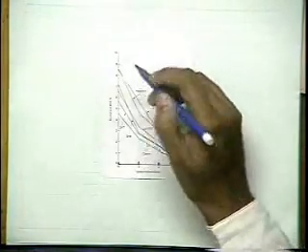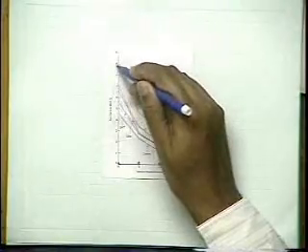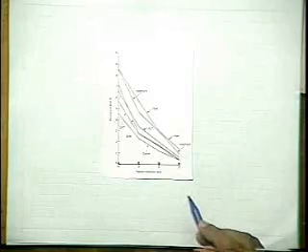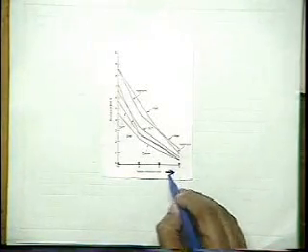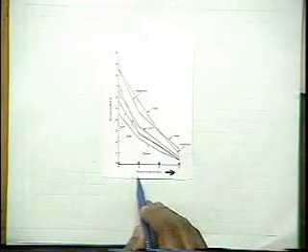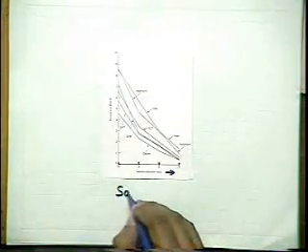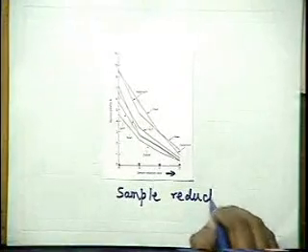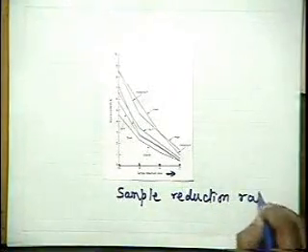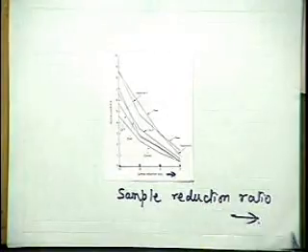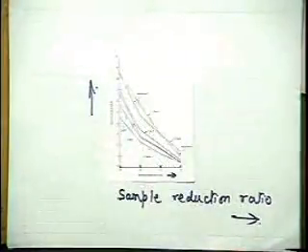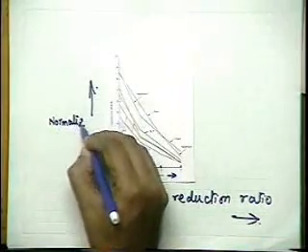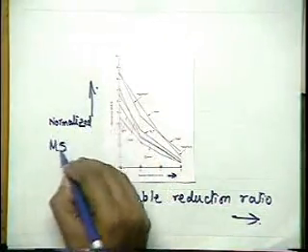And we are finding the normalized mean square error for all the different transformations. Now on the x axis we are drawing the sample reduction ratio, and on the y axis, this is the normalized mean square error.